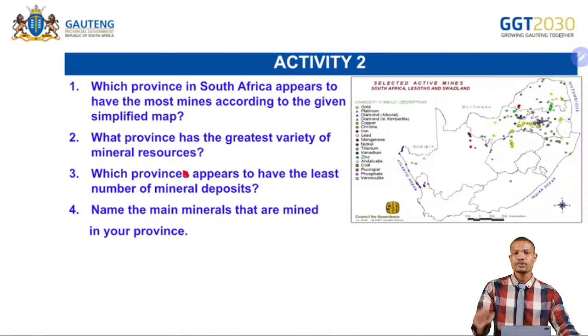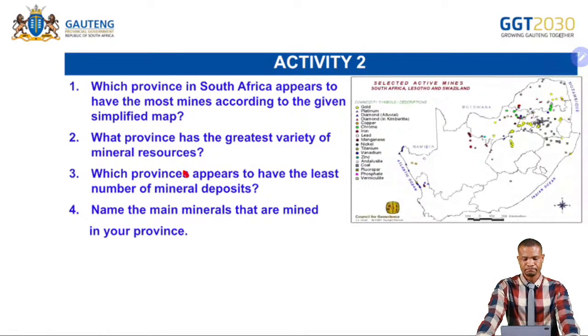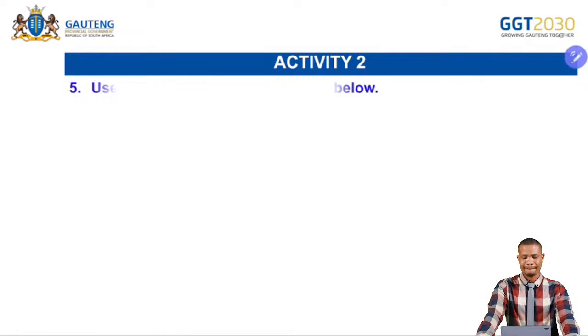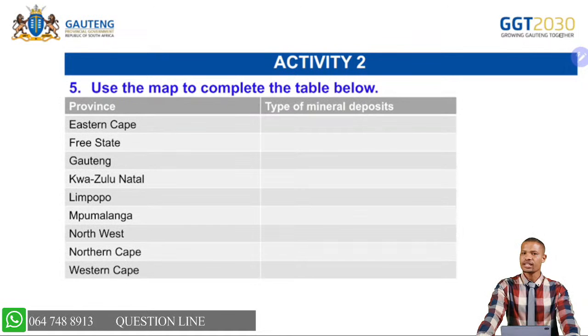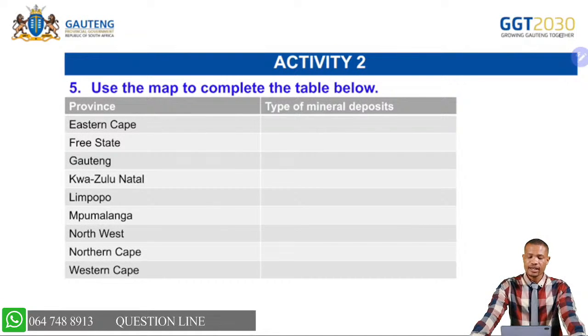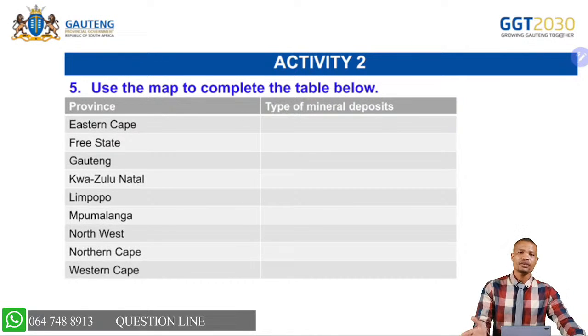I hope you were able to copy those questions because we are moving on now to question 5. Use the map to complete the table below. Everything is based on the map. So here is your table. You have your provinces and the types of mineral deposits that are found in each of those provinces based on the map that we used.